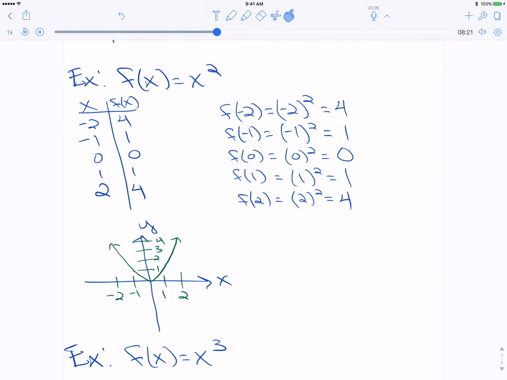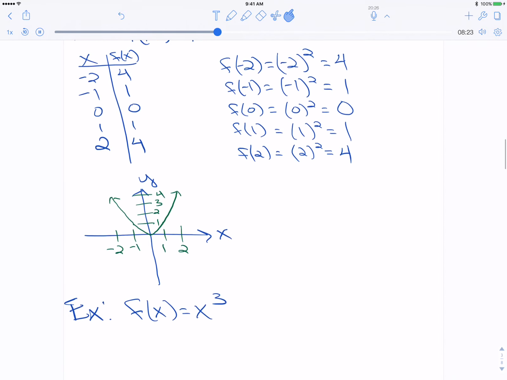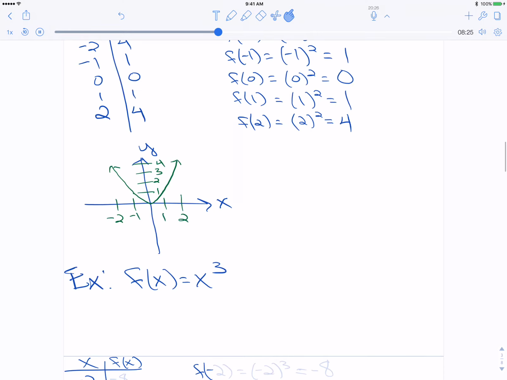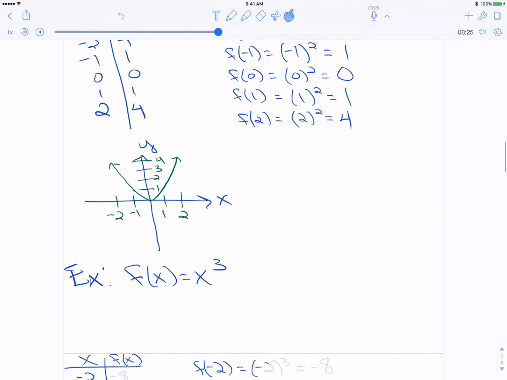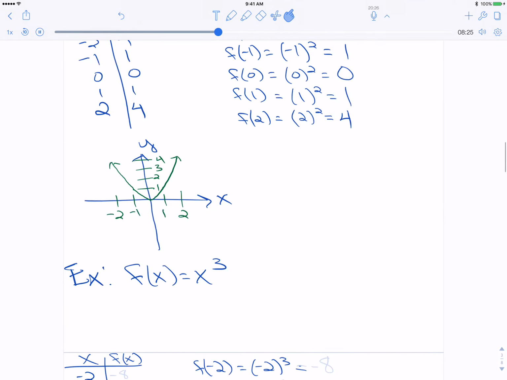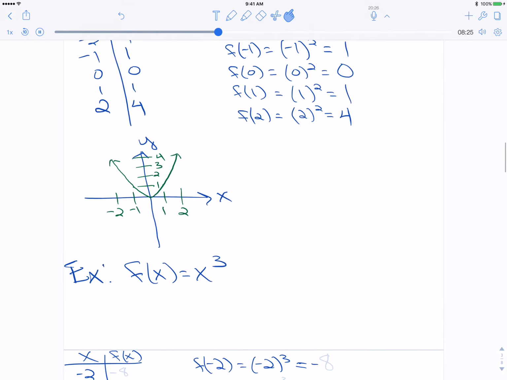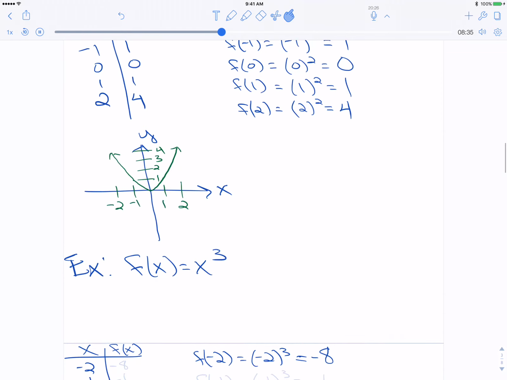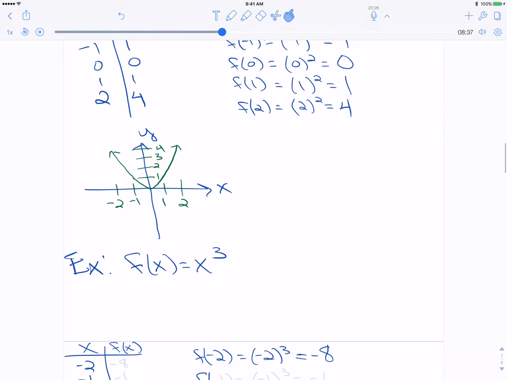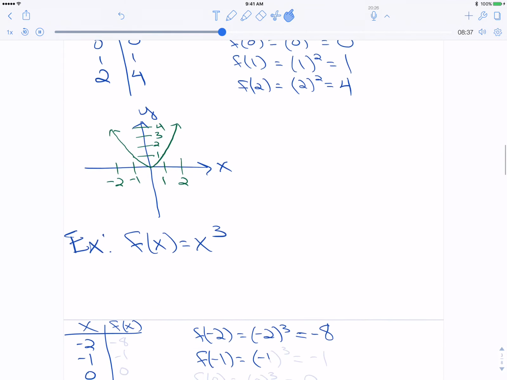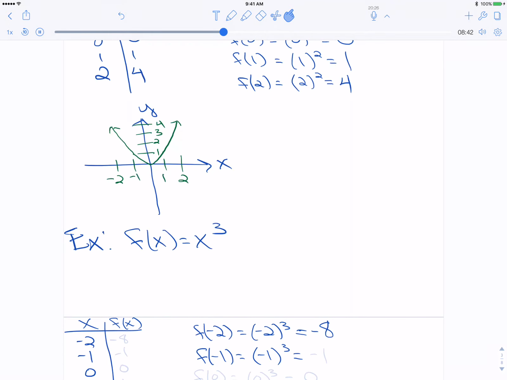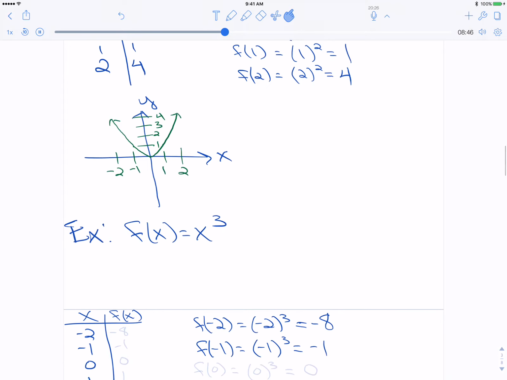We continue with an x cubed. Again, we can evaluate the points. F of -2 is going to be -2 cubed, which puts us at a -2 times a -2 times a -2. Oh, okay, so that's -8. F of -1, we have a -1 cubed, so -1 times -1 times -1 gets us a -1.